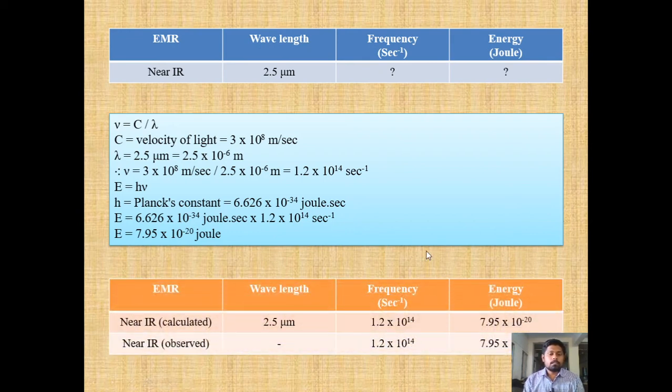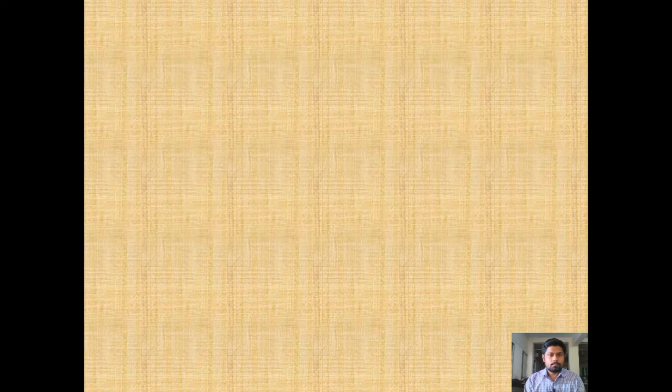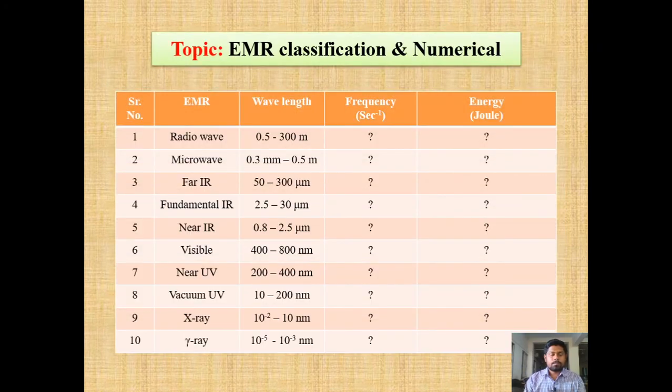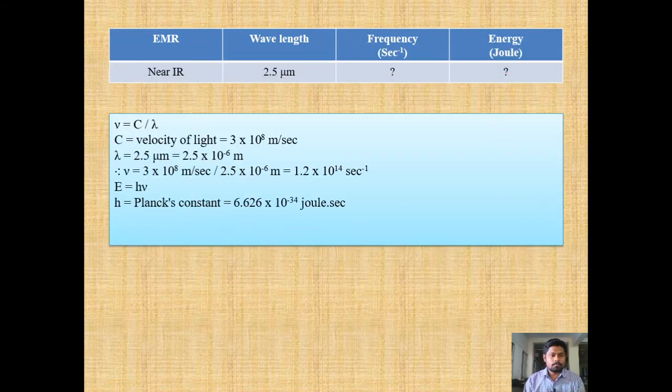Here I give you the table, with calculated values from our calculation, and the next line is the observed value, the original values. Look here, both values are the same. In this table, all are question marks. Now you utilize all those data of wavelength, and if you calculate them, you can replace those question marks with the suitable answer by using our calculation.